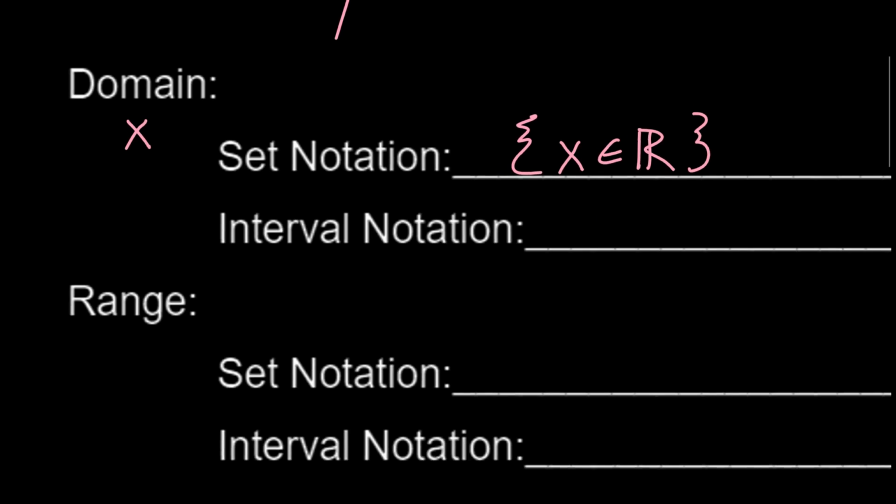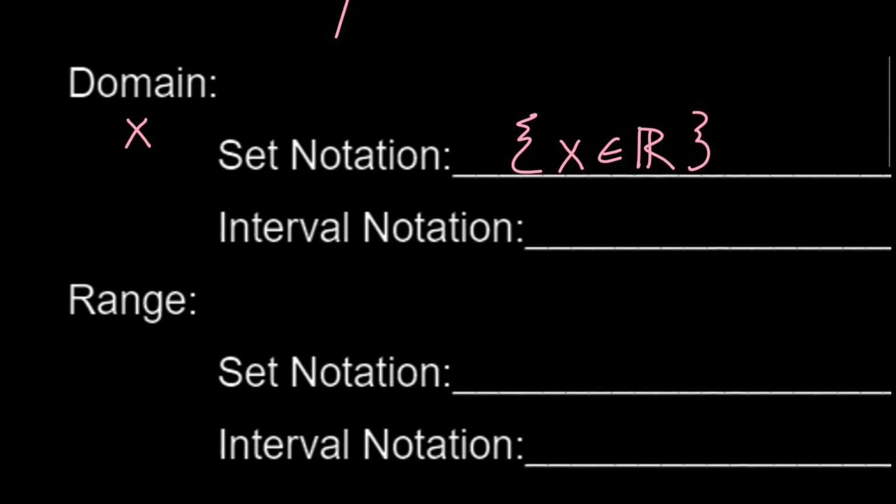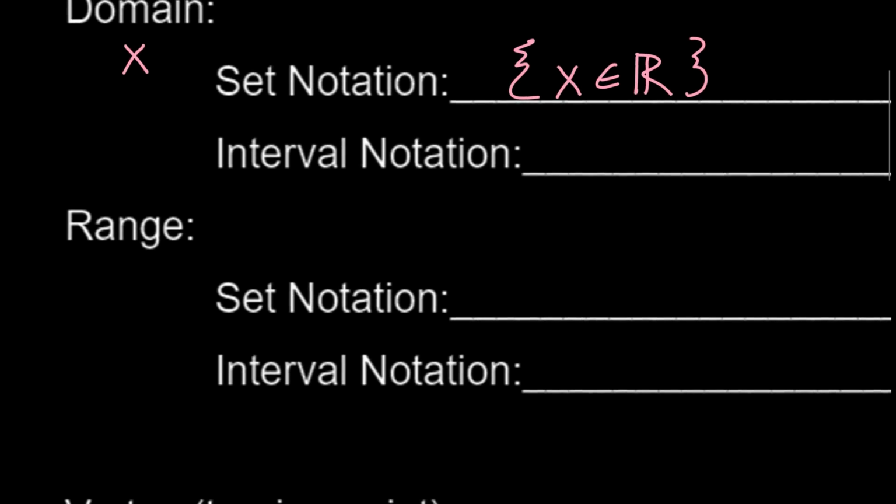Now, interval notation, what does interval notation look like? Parentheses, good. So, we said that our lowest value was negative infinity and our max value was infinity. So, am I going to start off with a parenthesis or a straight bracket? You always use parentheses when you use infinity. Yes, and why do we use parentheses when we use infinity?